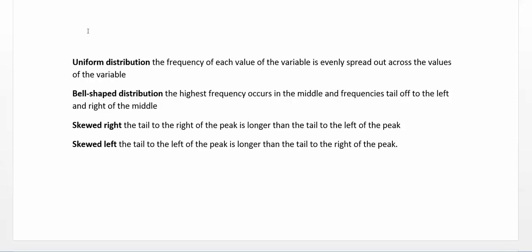There's a big hump in the middle, and off to the side there are some smaller tails. And then skewed right and skewed left. This is when data is predominantly on one side of the graph versus the other. And the strange thing is, the left or right word corresponds to the tail in the graph, to where the data is not versus where it is.